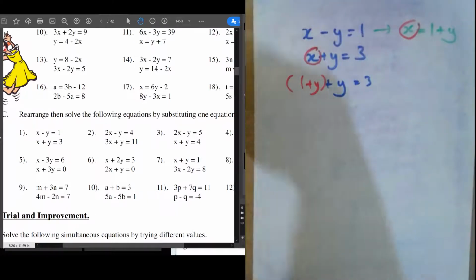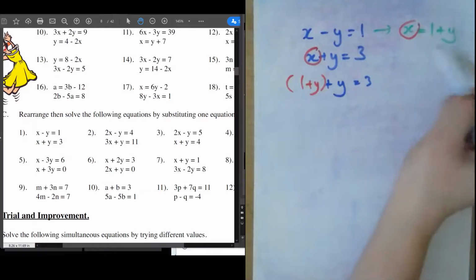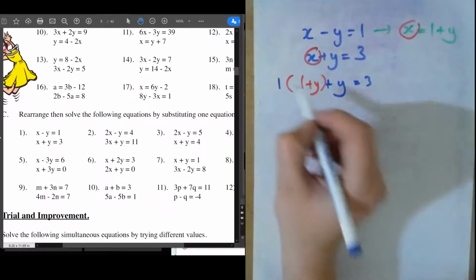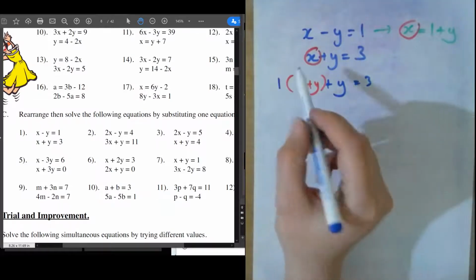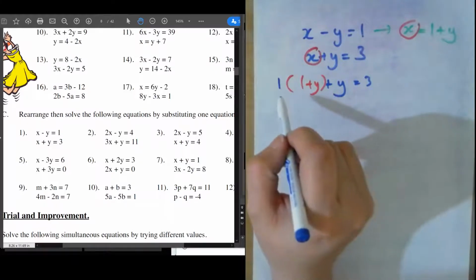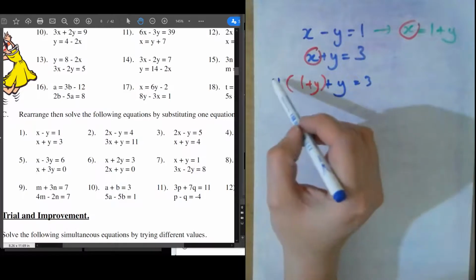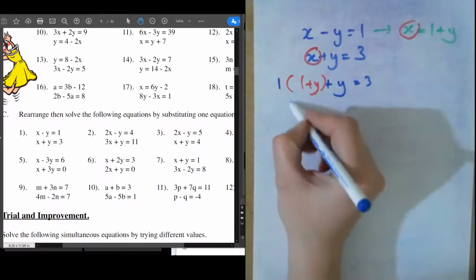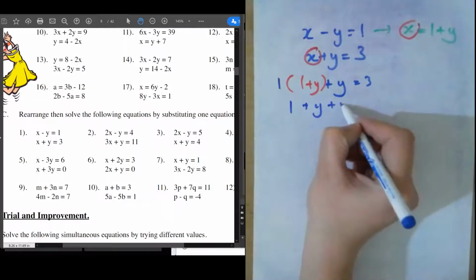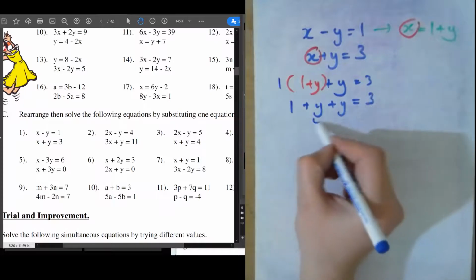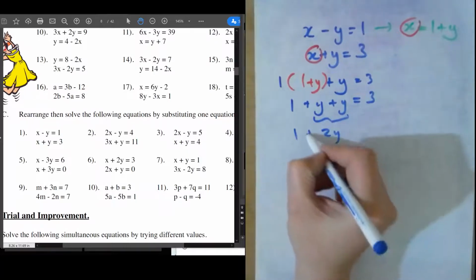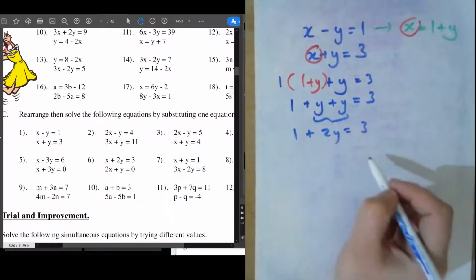So instead of x, I'm going to write this entire expression. If you have nothing in front of the brackets, it's always going to be a 1. It's a bit like this is 1x and that's 1y. So that's a 1. So expand the brackets first. That's 1 plus y equals 3. Collect these two, so I've got 1 plus 2y equals 3.